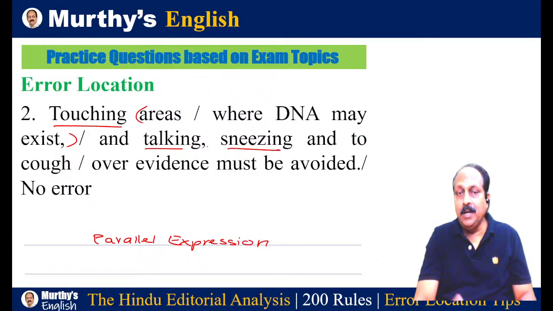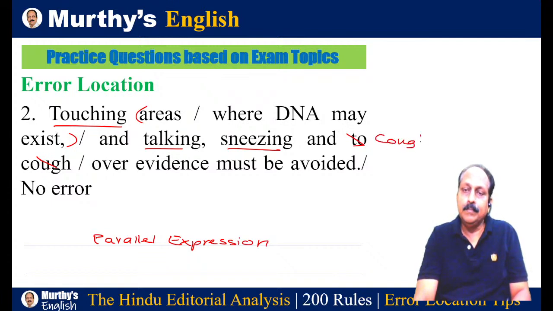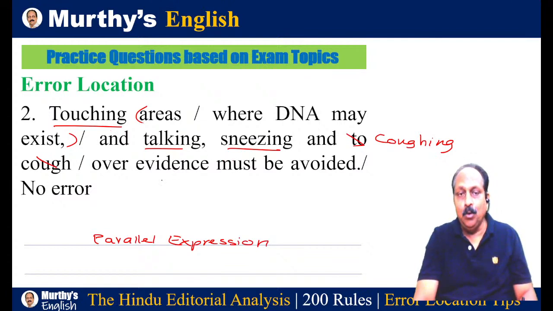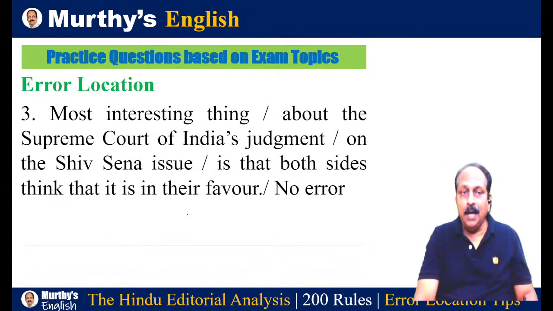You have to use a verb in ing form. Then it is parallel expression. So here, to cough is not correct. It should be coughing. Then the sentence is: touching and talking, sneezing, and coughing over evidence must be avoided. So a question based on parallel expression, an important dimension.